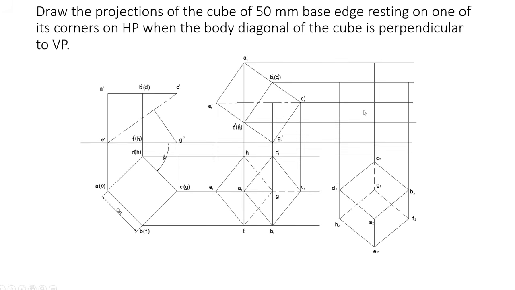Now from all these points you just draw projection lines to the corresponding line here, from D to D, C to C, and A to A, like that. If you draw projection lines, you can get all those 8 points there.